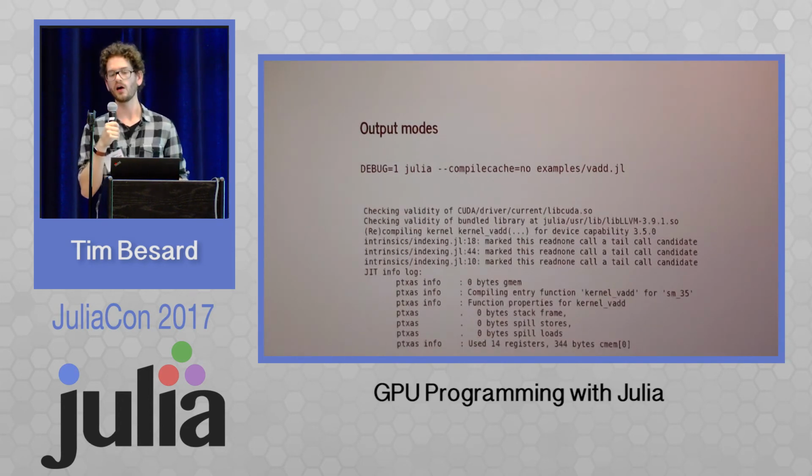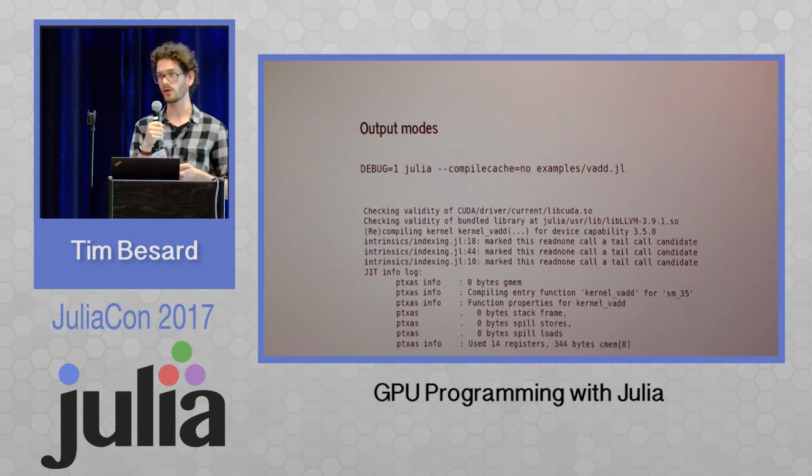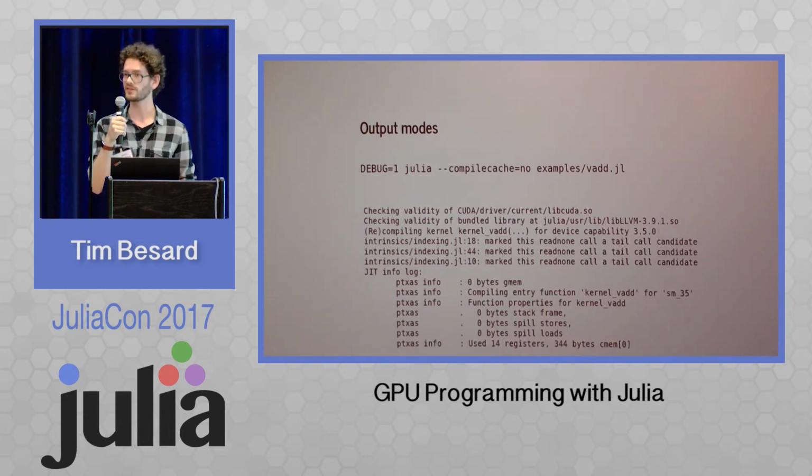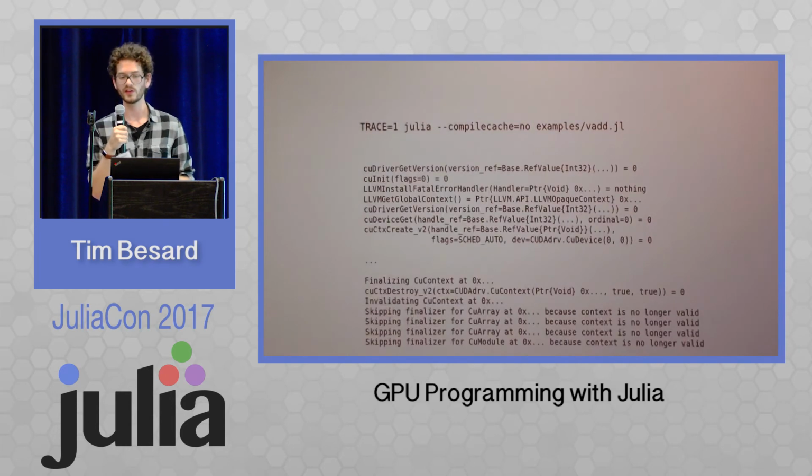You get to see all of the information that's happening behind the scenes, part of which might be interesting, namely the JIT info log, which also lists how many registers are being used for every kernel and how many spills have been allocated, which might help you optimize certain kernels for high performance. If you run with TRACE equals 1, you even get to see every API call, which might help you debug failures in whatever's being run behind the scenes.